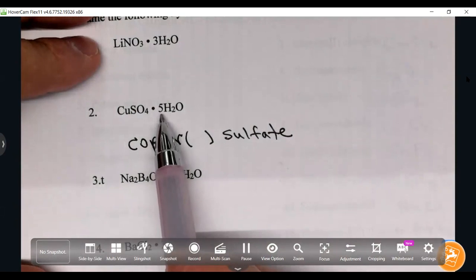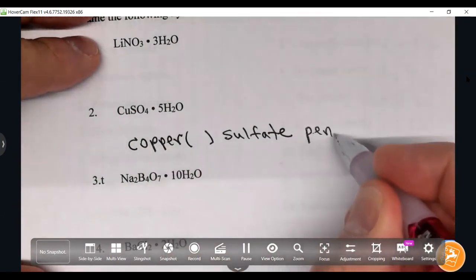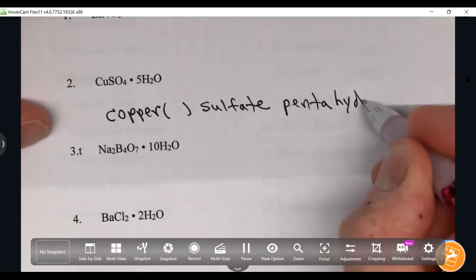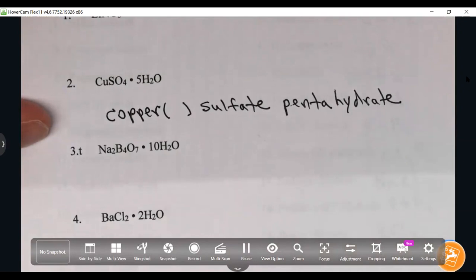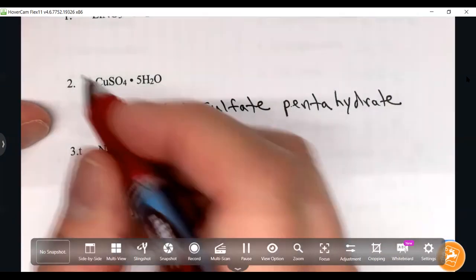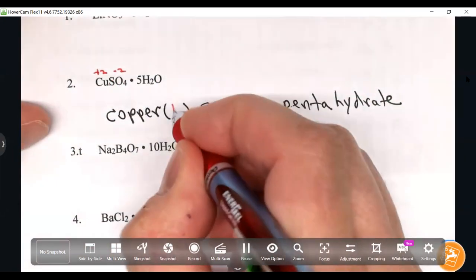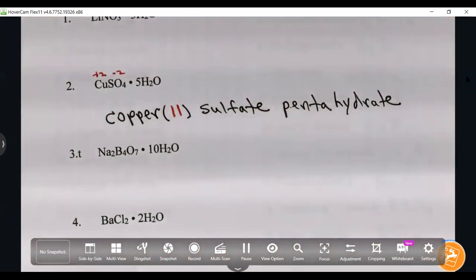And the 5 is penta. And the water is hydrate. Yeah, copper(II) sulfate pentahydrate. Got a Roman numeral 2. Okay.